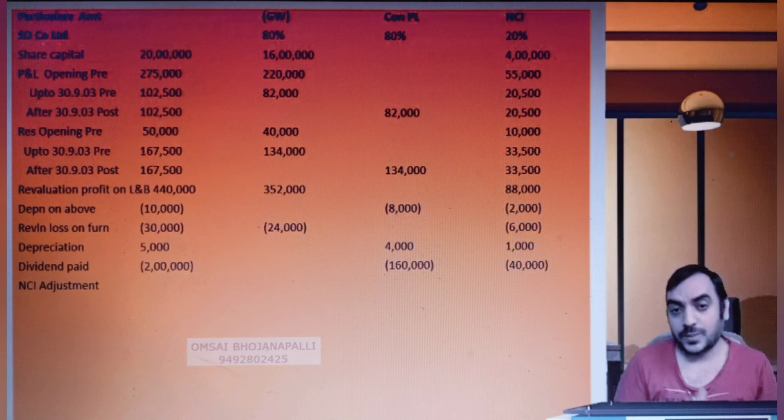Board of Directors of SD Limited proposed a dividend at 10% on 31st August for the year ended 31st of March. AGM for the financial year held on 5th of October and dividend is paid on 15th of October. Please look at the dates here. 30th of September 2003, date of acquisition, and Board of Directors proposed on 31st of August and dividend is paid on 15th of October.